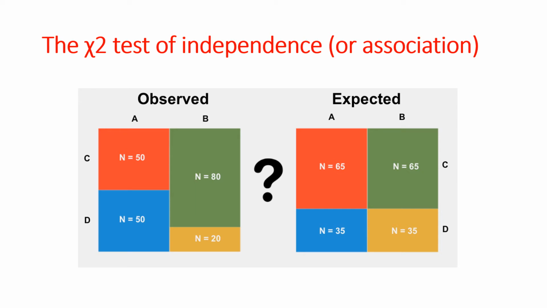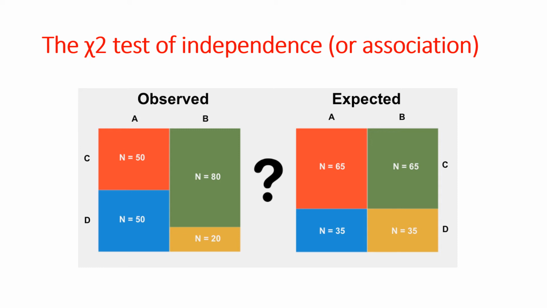After talking about the chi-square goodness of fit test, we now turn to the chi-square test of independence or association. The difference between these two types of chi-square is that in the chi-square goodness of fit, we only have one categorical variable, and we are only interested in the distribution of the levels within that variable.